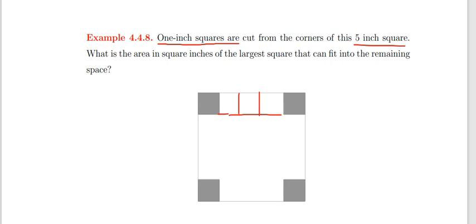So we cut this square in each corner. Then what is the question? What can be the area of the largest square that can fit into the remaining space?